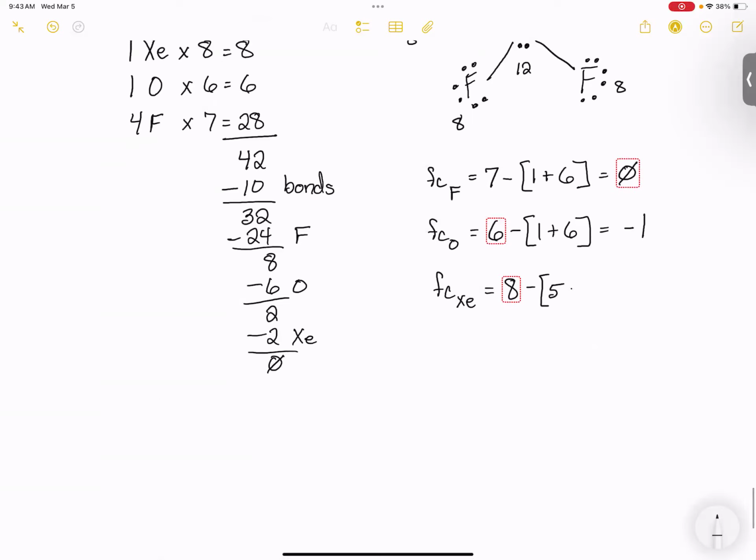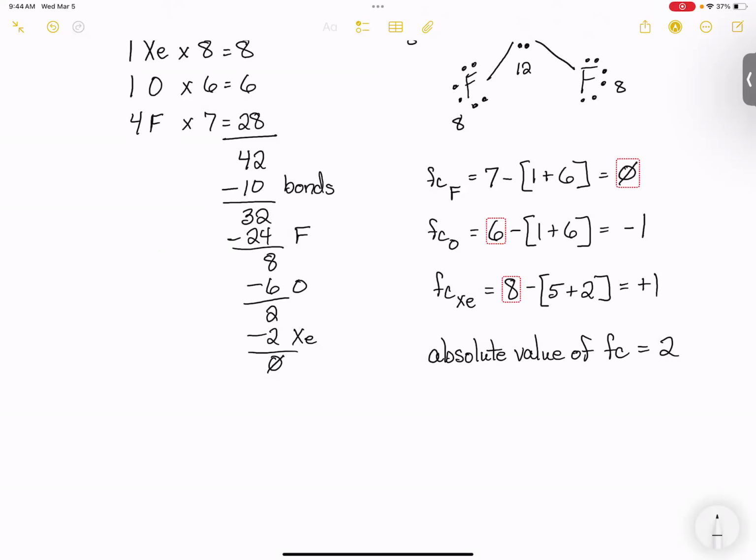And it has 2 dots. So currently it has a +1 formal charge. The absolute value of formal charge equals 2.